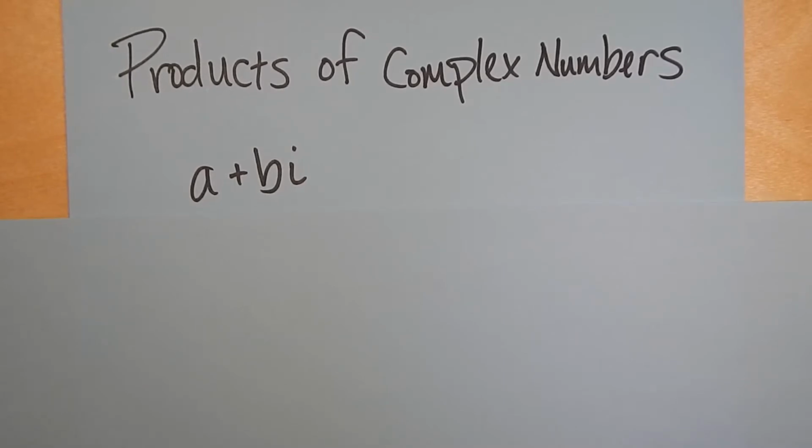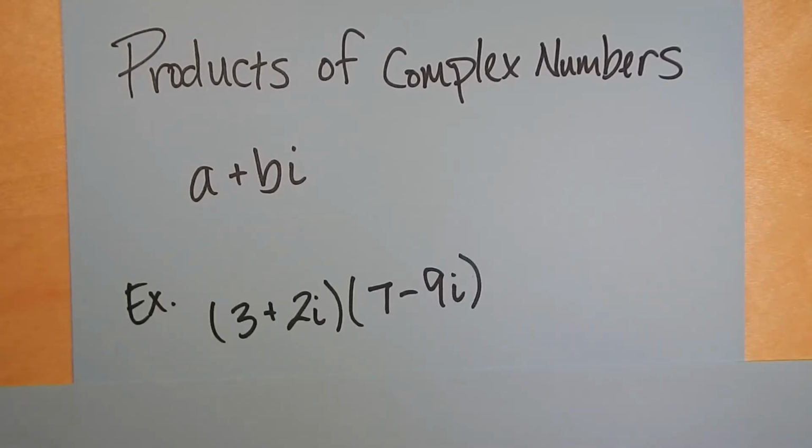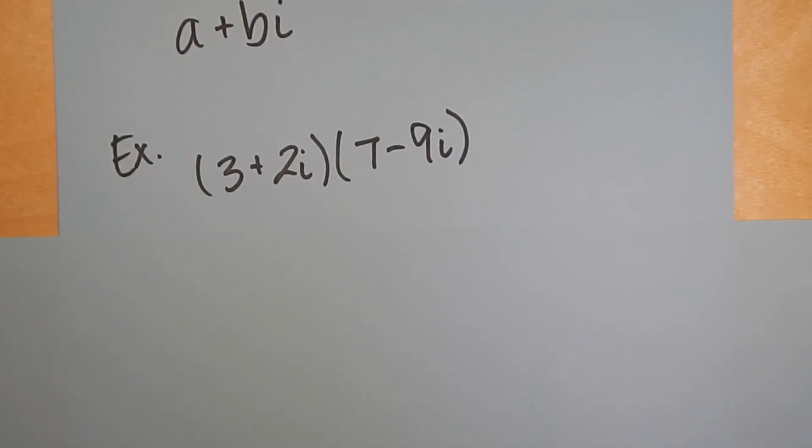So at any rate, complex numbers, a plus bi. This is a pretty easy thing to do if you have some experience with just multiplying binomials. So these should look kind of familiar. If you have something like 3x plus 1 times 4x minus 4, that process is the same thing here.